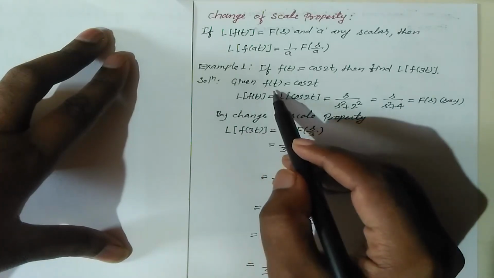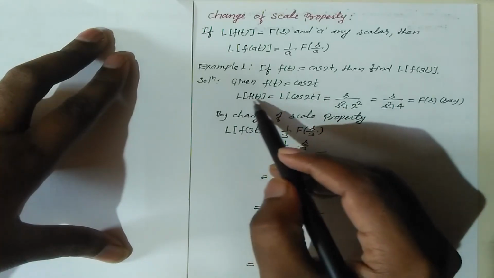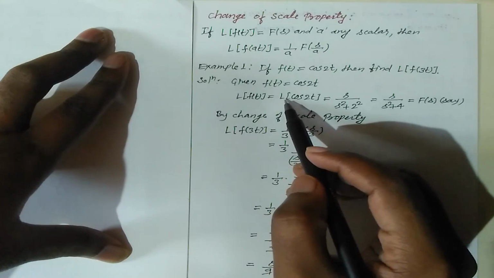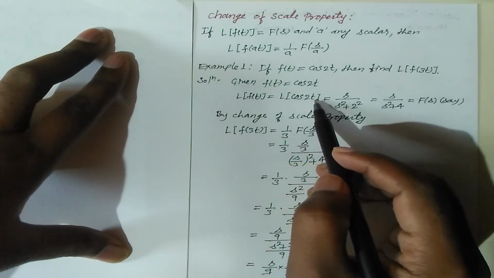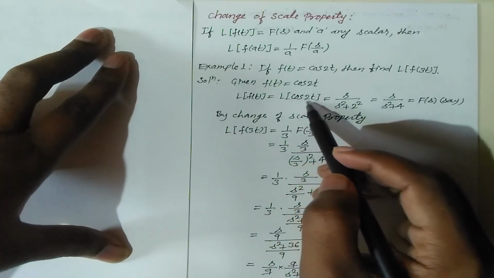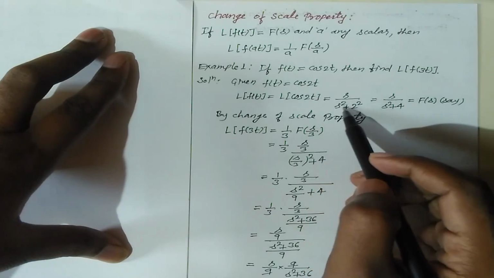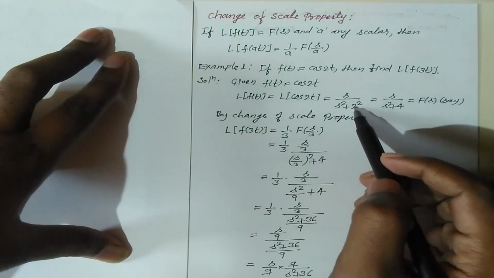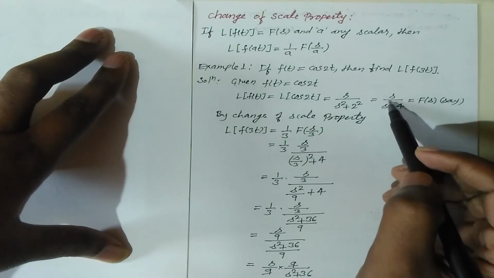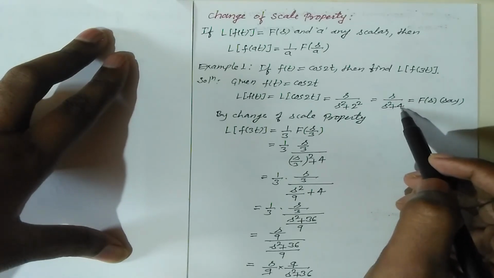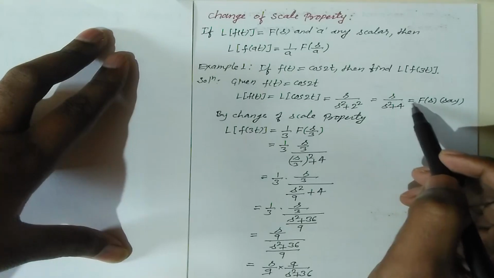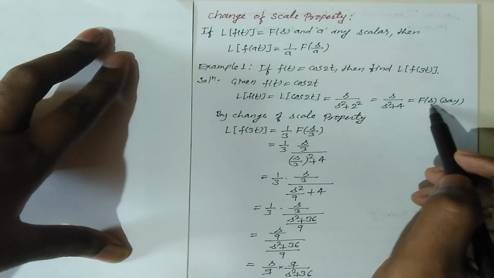So applying Laplace transform on both sides, L of f(t) equals L of cos 2t. But we know that Laplace transform of cos 2t equals s upon s square plus 2 square, and this equals s upon s square plus 4. Let us name this function F(s).